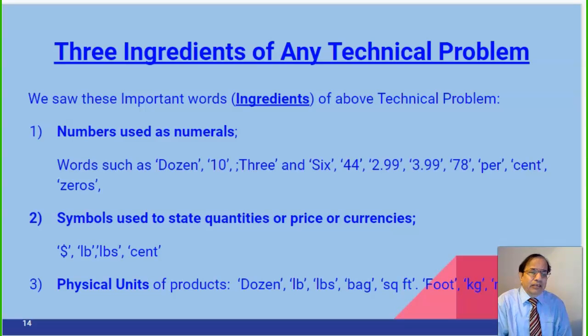Now we can also see symbols such as the dollar sign, LBS standing for pounds, and cent standing for 1/100th of a dollar. And of course, we can see physical units such as bag, pounds, etc.